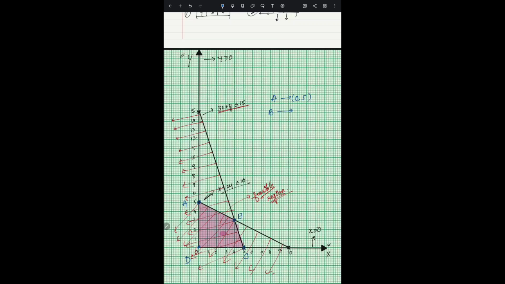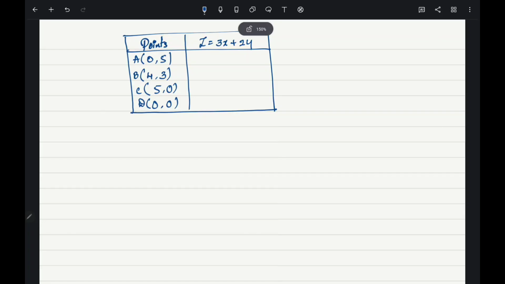From the graph we can learn that it is 4, 3. So 4, 3. Now the C coordinate will be 5, 0 and the D coordinate will be 0, 0.